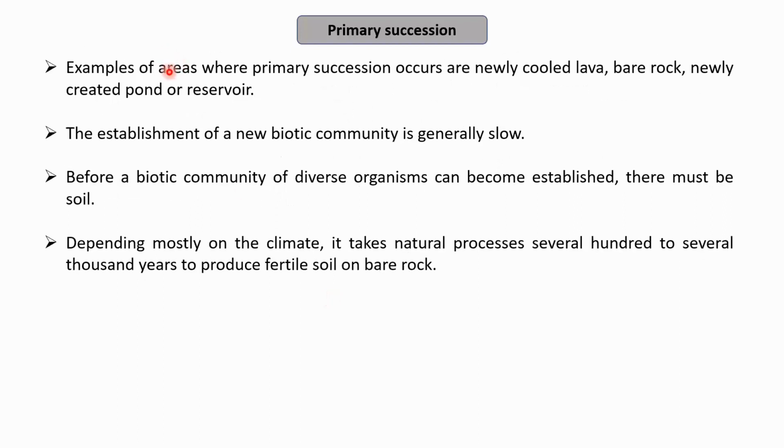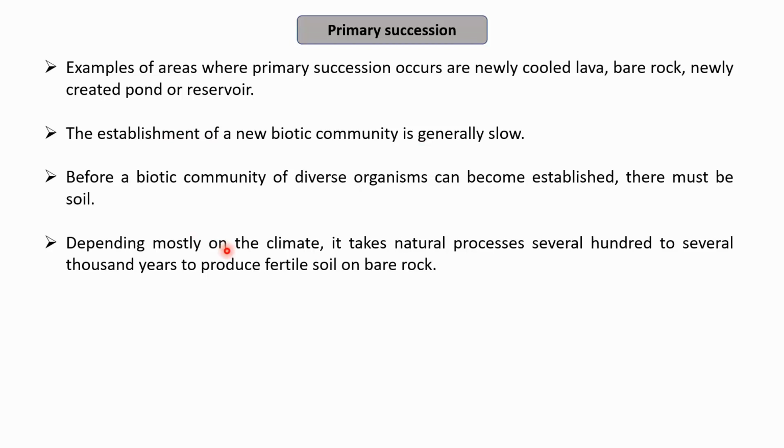Examples of areas where primary succession occurs are newly cooled lava, bare rock, and a newly created pond or reservoir. The establishment of a new biotic community is generally slow, and before a biotic community of diverse organisms can become established, there must be some soil.